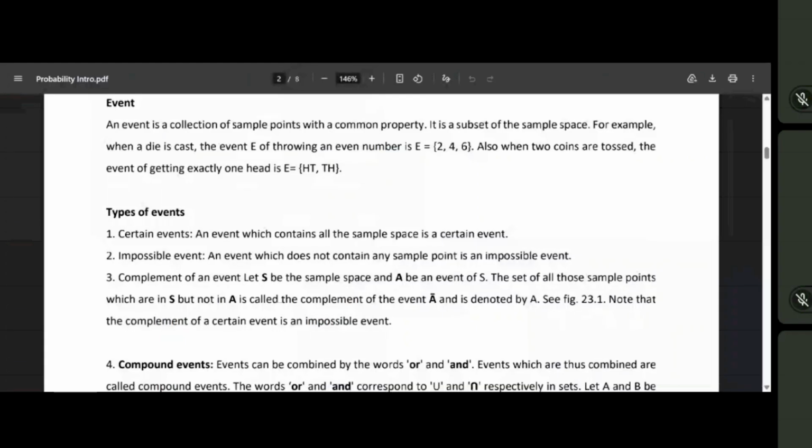So those numbers that are left to make the whole thing complete, to make it the sample space, are 1, 3, and 5. So 1, 3, and 5 is a complement to the set that has the even numbers. It's a complement because when you add it to it, it becomes complete, it becomes full.